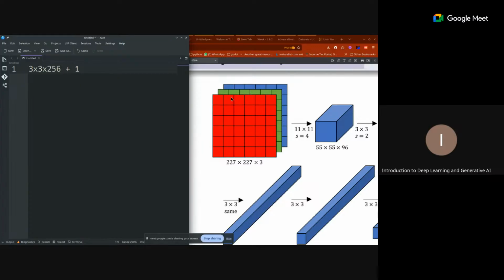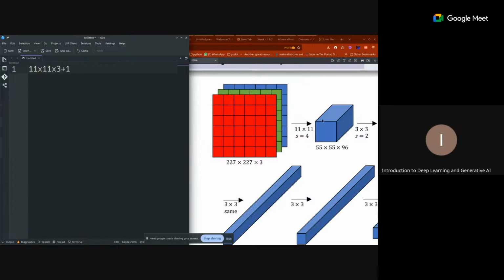And we need, so this is one kernel. So one kernel will have, in this case, we are using 11 by 11 kernel, right? So here it would have how many parameters in that case? It will have 11 cross 11 times 3 plus 1 parameters. And this is for one convolutional kernel.